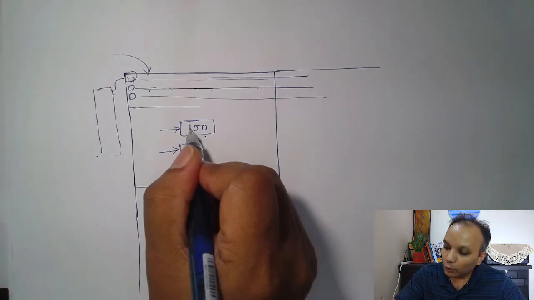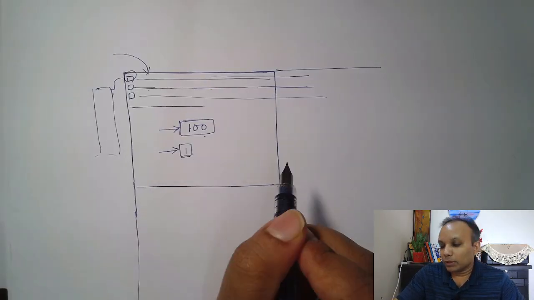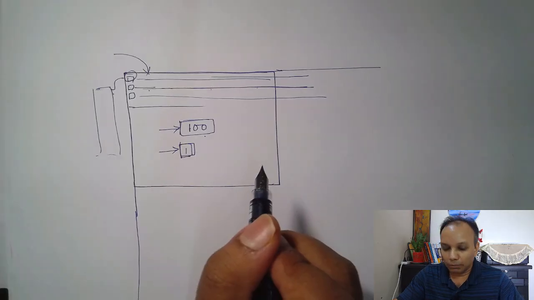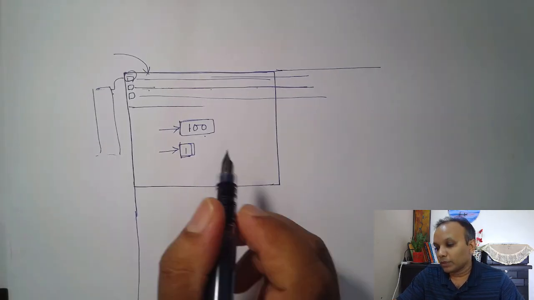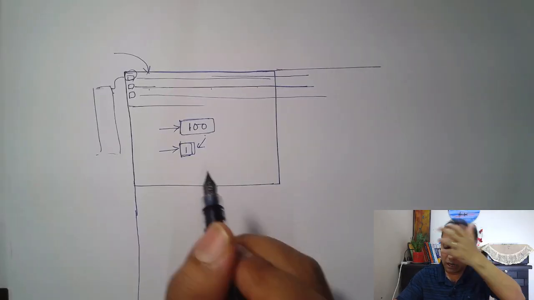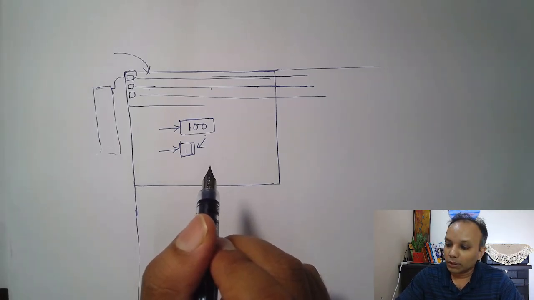So, even if your processor is capable of doing 100 operations, it will be doing only one operation, because the bottleneck here is the main memory. The bottleneck is the main memory, which can be accessed only let us say once in 100 units of time. All right.